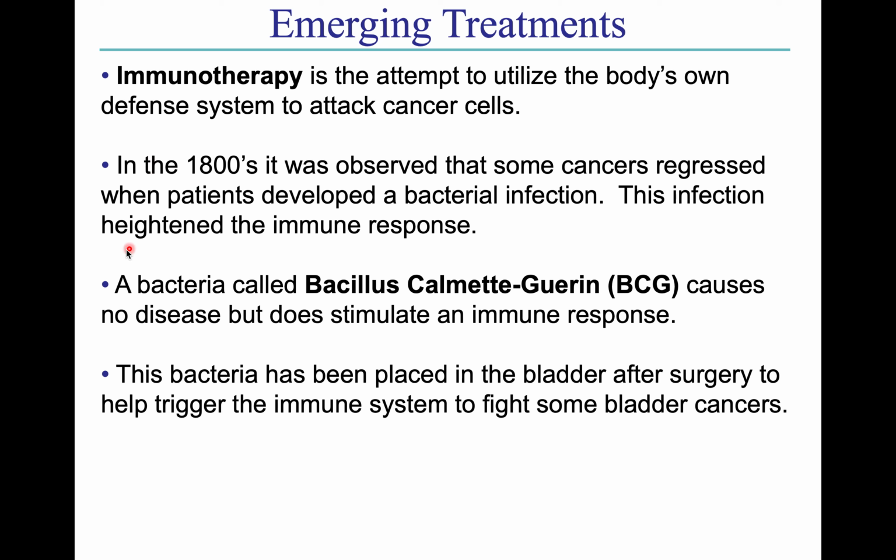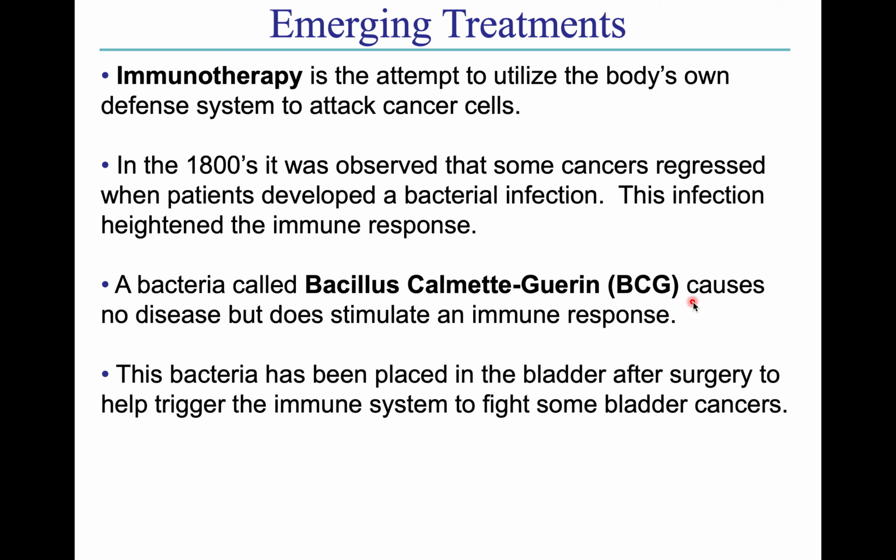So some of the first attempts at immunotherapy, and this is still used in some cases today, was basically taking advantage of bacteria that could trigger an immune response but not cause any serious disease. So something like BCG here could basically be intentionally placed into a tissue, following a surgery to remove cancer, to try to heighten that immune response again and allow the immune system to attack some of those cancer cells.